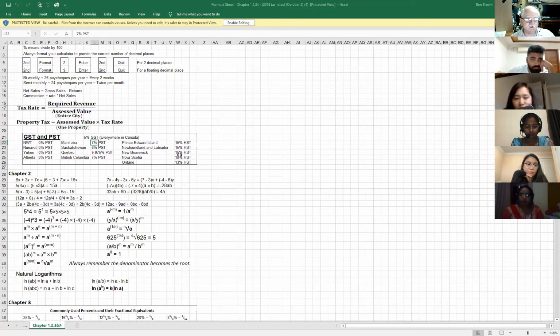So any of these that have 15%, their provincial sales tax must be 10%. These other provinces weren't willing to harmonize their taxes with the federal government. And several places in Canada have no PST. They still pay the 5% GST, but they have no PST.